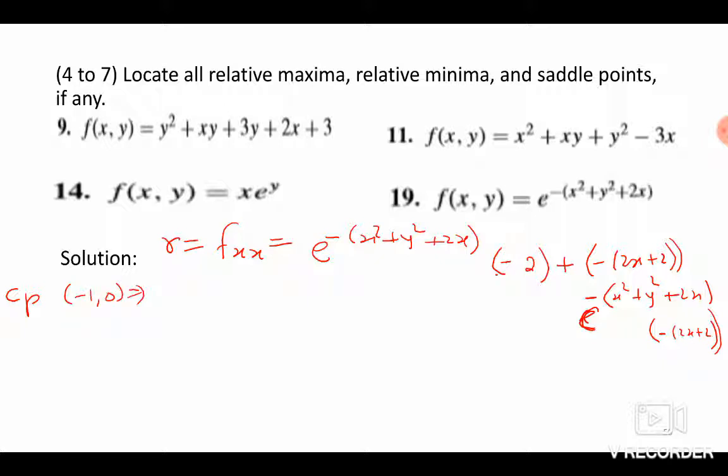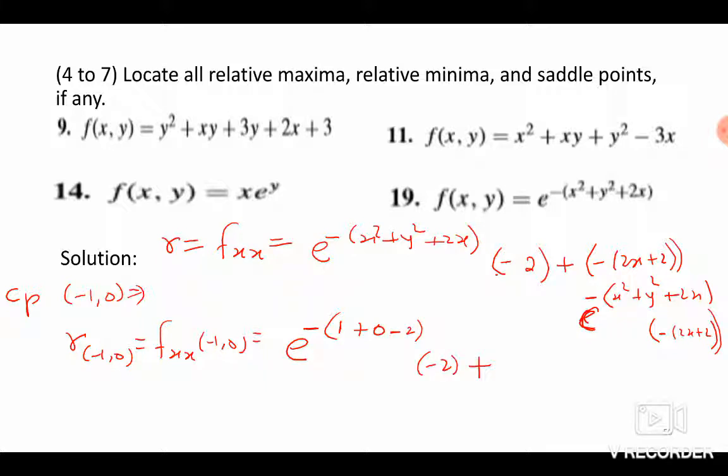So at this negative 1 comma 0, what is r? r at negative 1 comma 0. x value is negative 1, y value is 0. That is fxx at negative 1 comma 0. Wherever x comes, substitute negative 1. See, here e raised to minus (x square is negative 1 square is 1, y square is 0, plus 2 times x is negative 1, so minus 2). And the coefficient is minus 2.